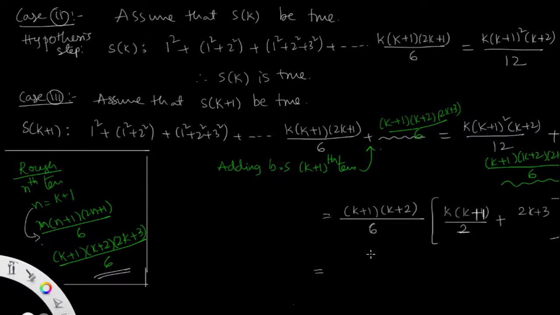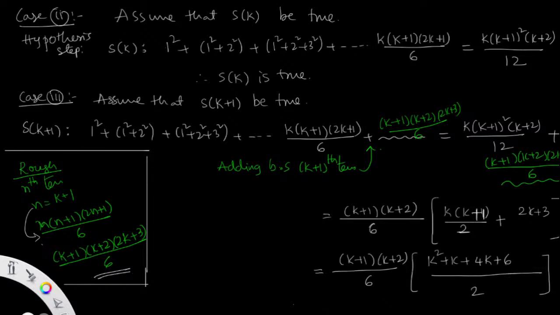So which is meaning that (k plus 1) into (k plus 2) by 6, then LCM is 2. So k square plus k plus 2 into 2k, means 4k plus 6.